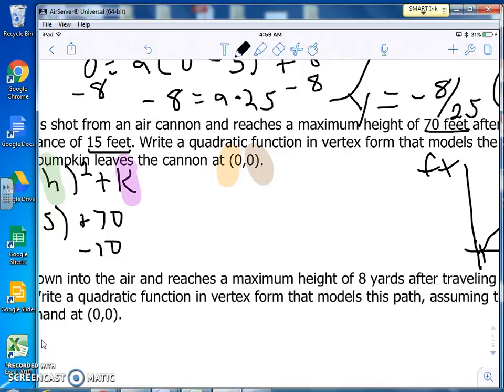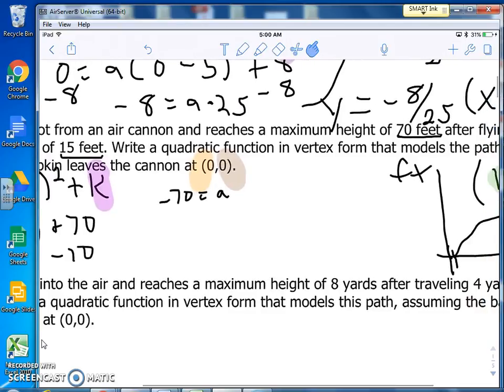So I believe I have negative 70 equals a. That x minus h is our 0 minus 15. So negative 15 squared is going to be 225. And we'll divide by that on both sides. So a is negative 70 over 225, which both will reduce by 5.